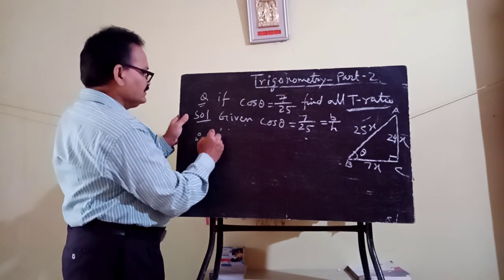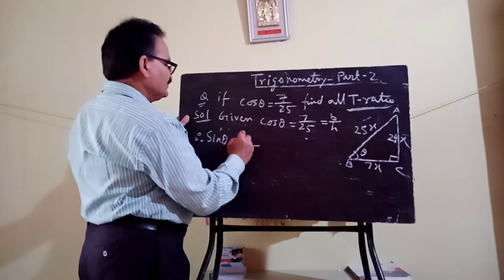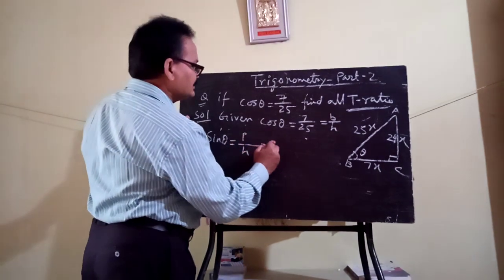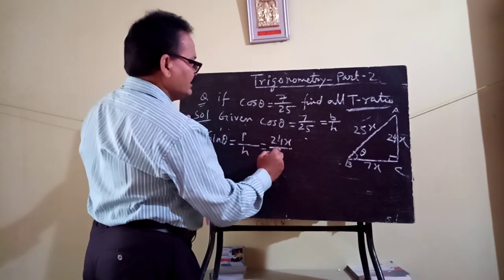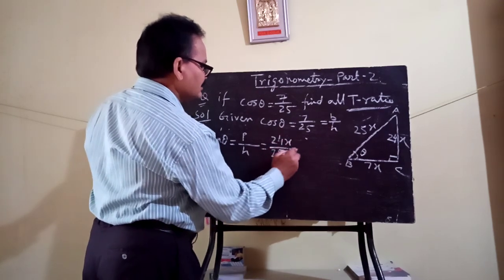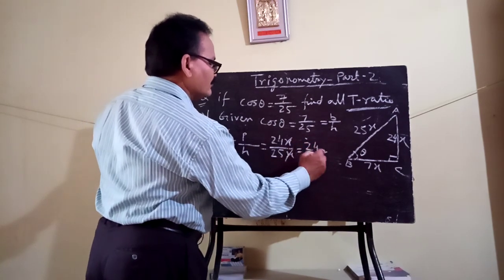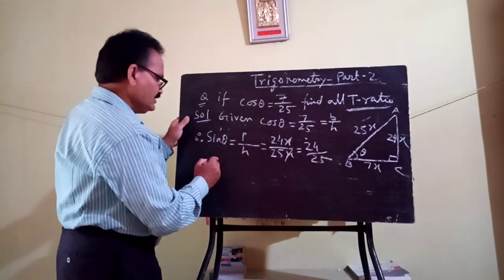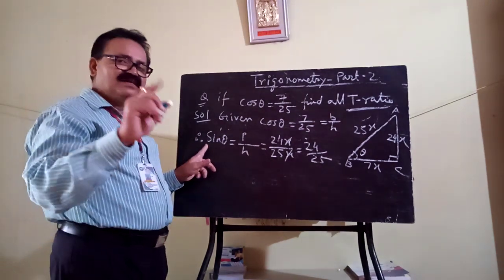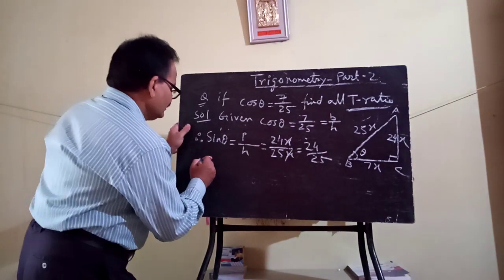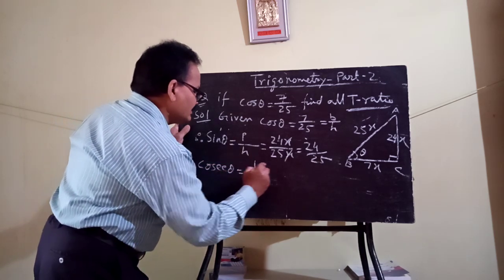Therefore, sin theta is P by H, that is 24x by 25x. The x cancels, so it is 24 by 25. Similarly, since you have got sin theta, you can find cosec theta also. Cosec theta is equal to 1 by sin theta.